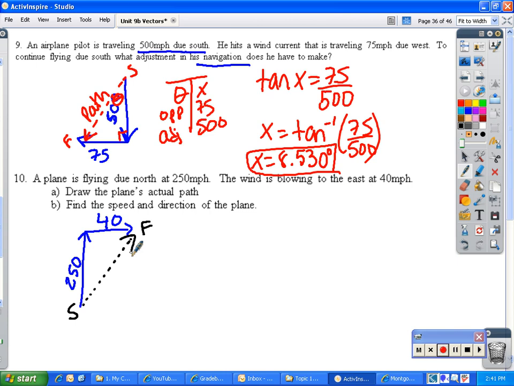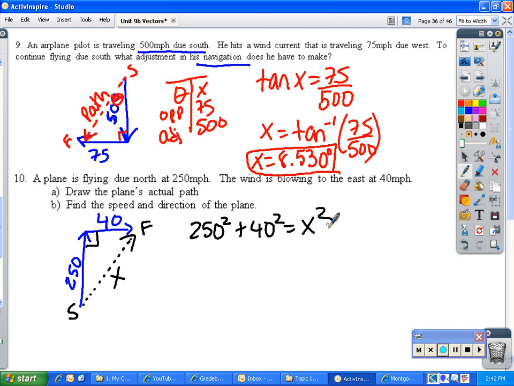Part B, I want to find the speed and direction of the plane. Well, if this 250 miles per hour is a speed and 40 miles per hour is a speed, this side right here will be a speed as well. It's a right angle because north and east make a right angle. So 250 squared plus 40 squared equals x squared.